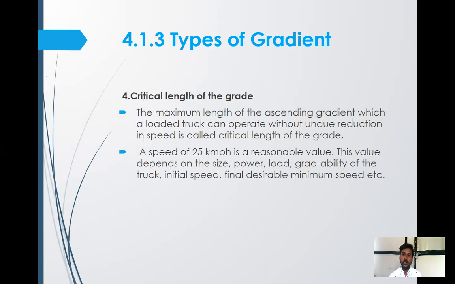A speed of 25 kmph is a reasonable value. This value depends on the size, power, load, gradability of the truck, initial speed, final desirable maximum speed, etc. On the gradient provided, 25 kmph is considered a reasonable speed for any particular vehicle, and this speed is designed on the basis of the size of the vehicle, its power, the load it carries, the gradability of the truck, and the initial speed and final desirable maximum speed of the vehicle.